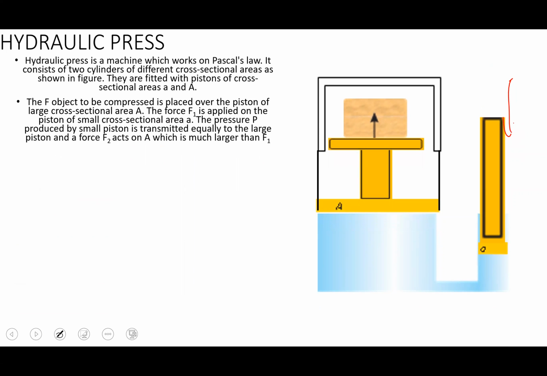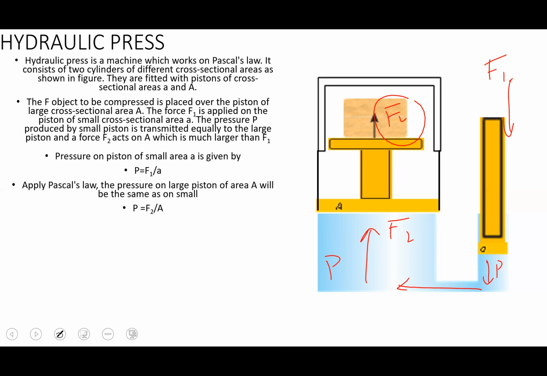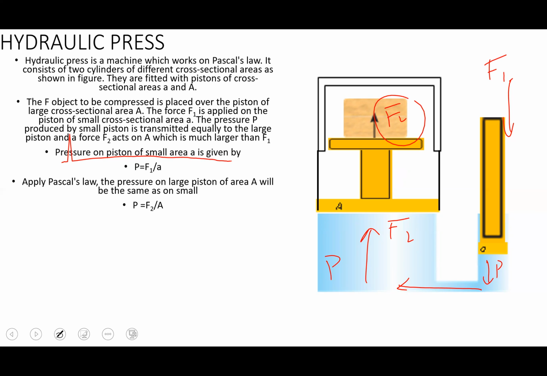If force F1 is applied downwards, the pressure goes into the liquid and is transferred equally through the liquid, and F2 will be applied on the large piston and it will be able to lift heavy loads because the pressure in this case will remain the same. The pressure on the piston of small area a is given by P equals F1 over a. That means the pressure over here is F1 over a. Applying Pascal's law, the pressure on the large piston A will be the same as that on the small piston.